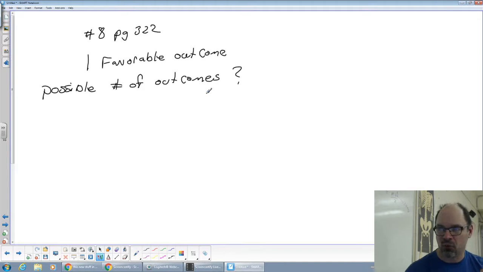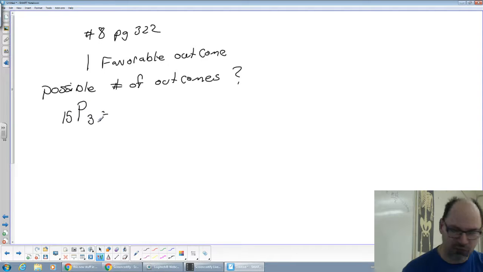So the order matters, and when order matters, we use the permutation formula. So we want to select from 15 people as a permutation 3 people. If we do 15P3, we get 2,730.